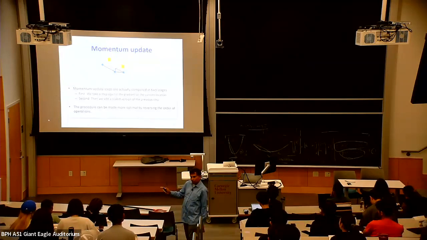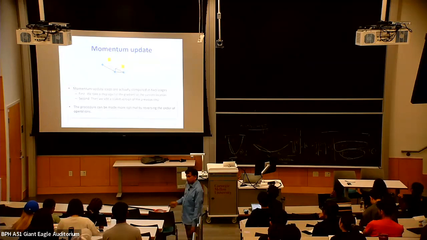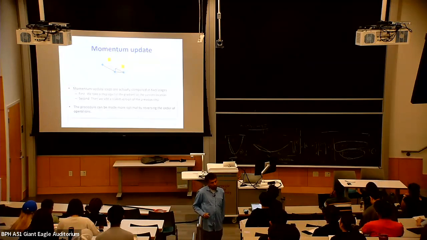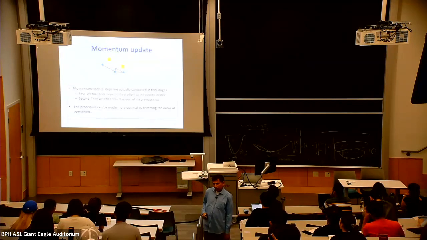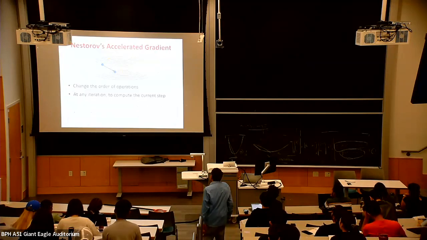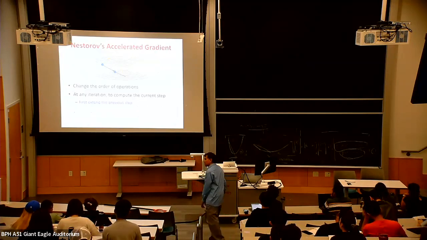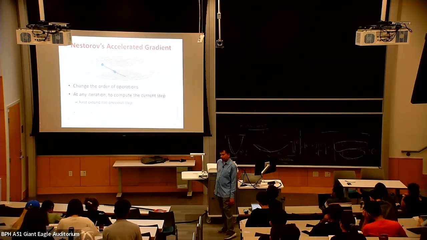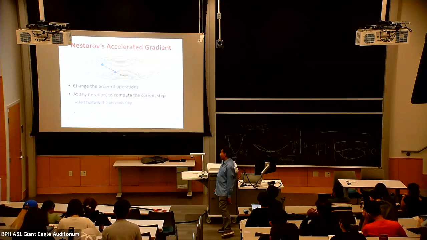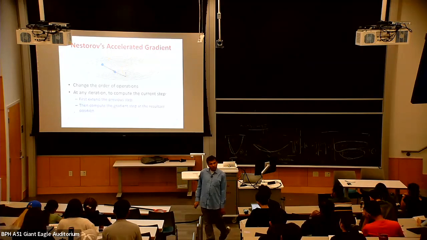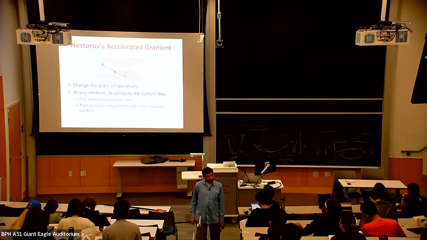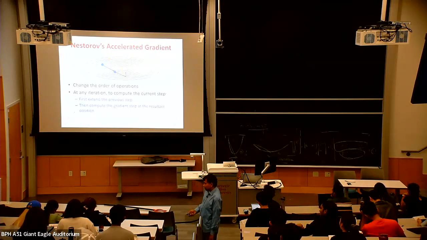Then you added beta times the previous step, shown by the red line, to get the new one. Instead, I'll first take a step, beta times the previous step, and then compute the gradient and go against the gradient. It's still the same two operations, but in reversed order.